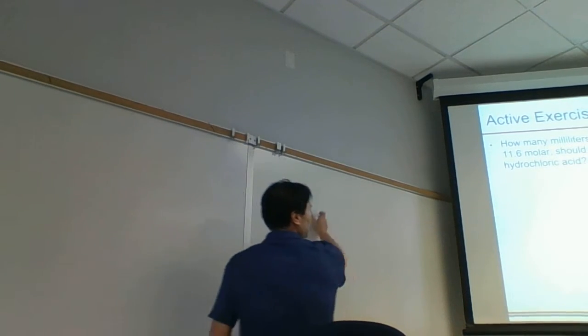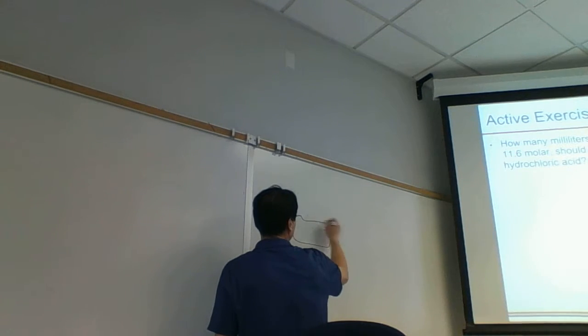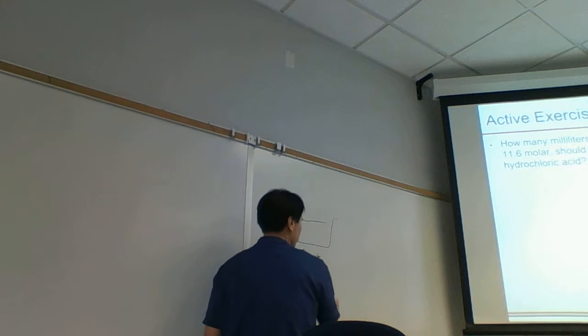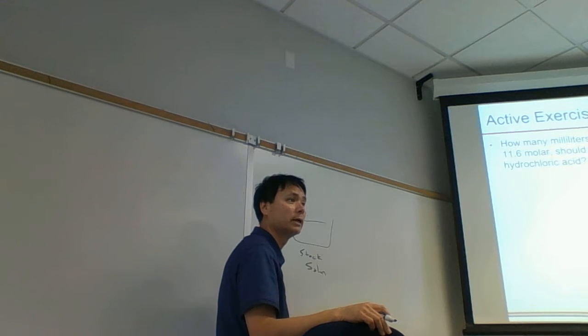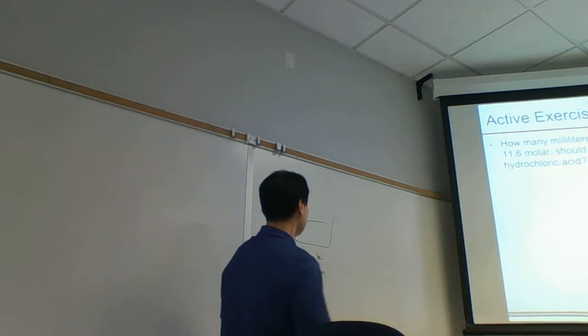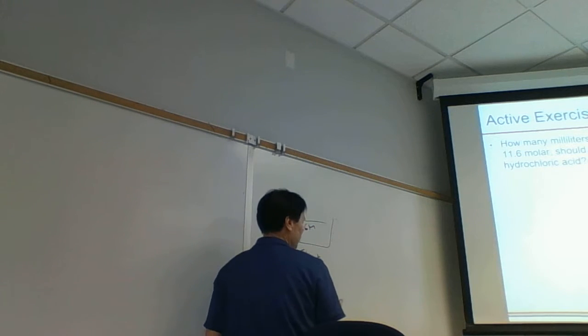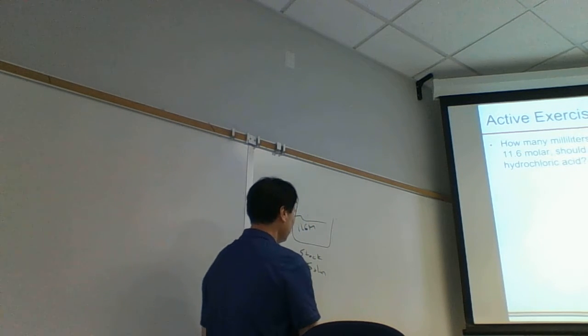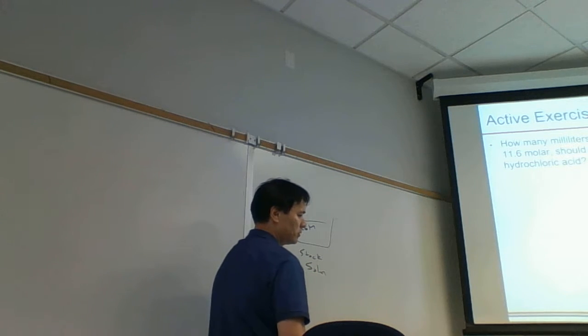In this particular problem, we have some of this very concentrated solution. This is called the stock solution. It's like soup stock. How much soup stock are you going to use to make your soup? Well, it depends on how much soup you're making. And so we have our stock solution, which is 11.6 molar. And we can have liters of this stuff. Let's say we have 5 liters. If I have 5 liters of stock solution, doesn't mean I'm going to use all 5 liters of it.